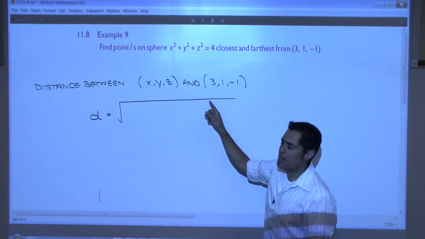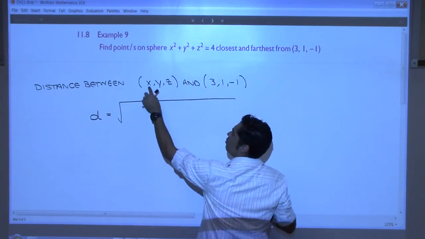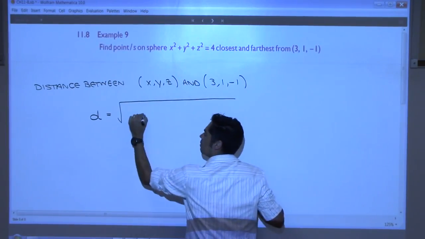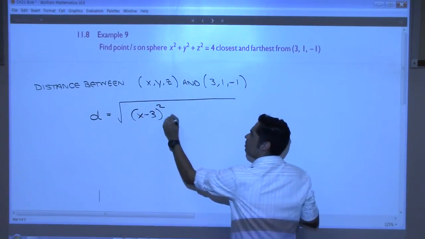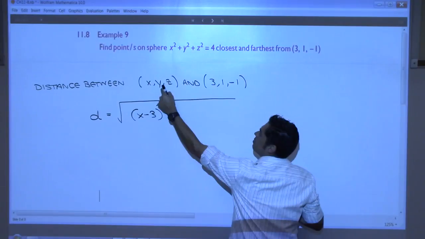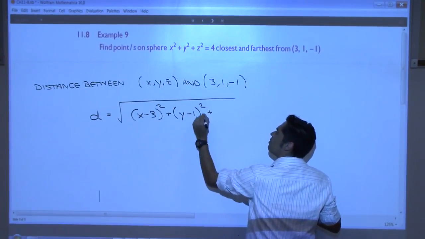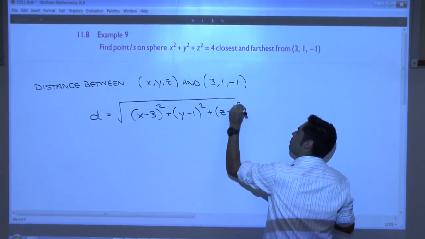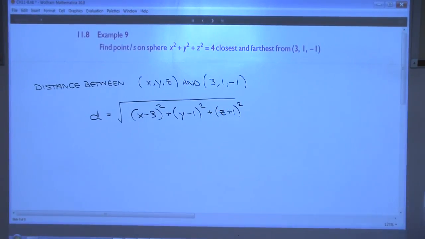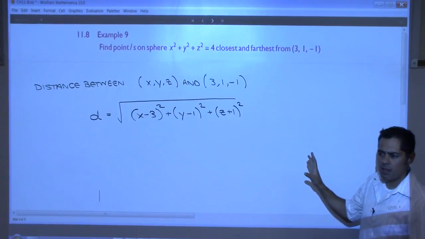So the vector that connects this point to this point, wouldn't that be this coordinate minus this coordinate, squared, plus this coordinate minus this coordinate, squared, plus this coordinate minus this coordinate, which would be z plus 1 squared. Do you agree that that represents the distance between x, y, z and 3, 1, negative 1? Yes? Any questions on that?